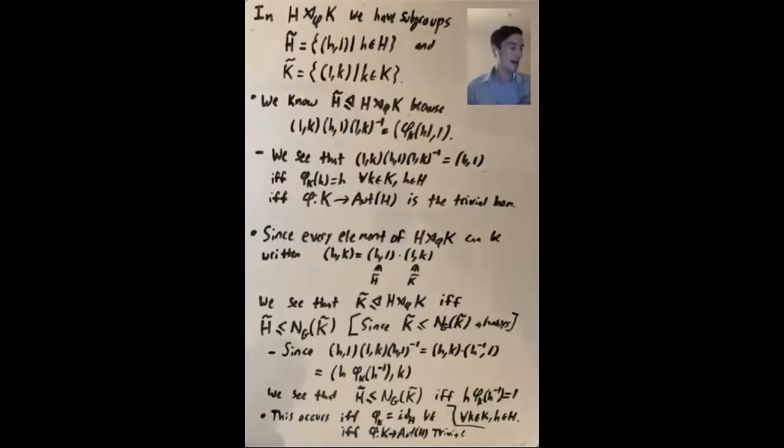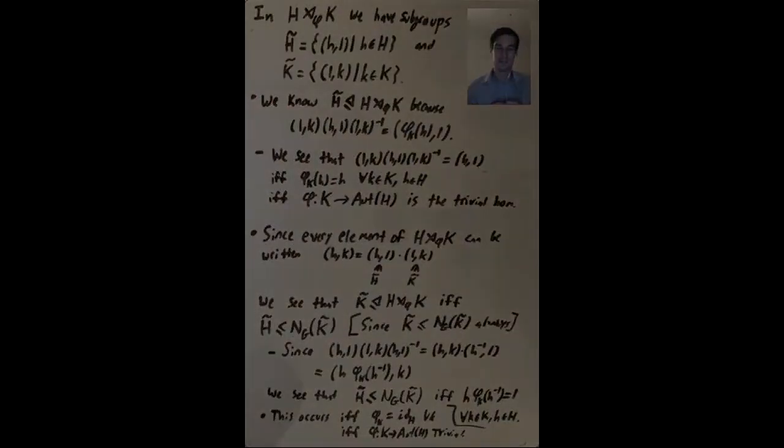So K tilde is a normal subgroup also exactly when the semidirect product is isomorphic to the direct product. Okay, so I'll pause and erase, and I'll write all this up together as one proposition.